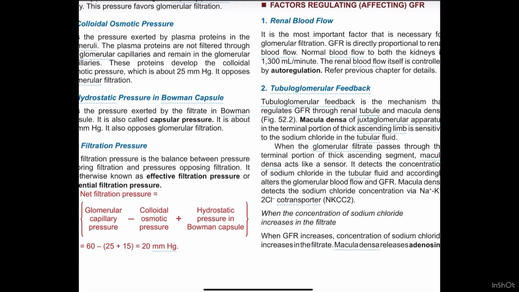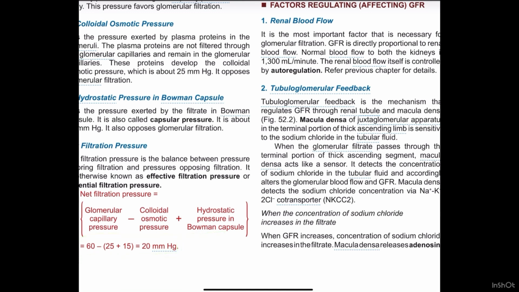So the net filtration pressure is equal to favoring pressure minus opposing pressure. So the balance between the pressures favoring filtration and the pressures opposing filtration is otherwise known as effective filtration pressure or essential filtration pressure. Now glomerular capillary pressure minus colloidal osmotic pressure and hydrostatic pressure in the Bowman's capsule together, this is going to become like this.